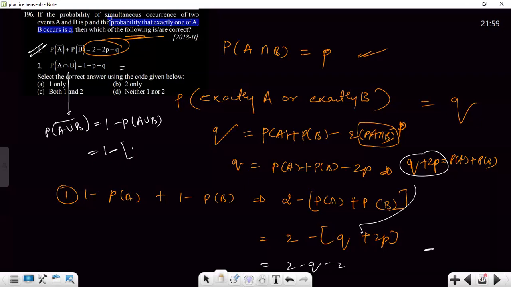Probability of A plus probability of B, which is Q plus 2P, minus probability of A intersection B, that is P. So that is basically 1 minus Q minus P, which makes our second statement true. Is that clear? Yes, sir.